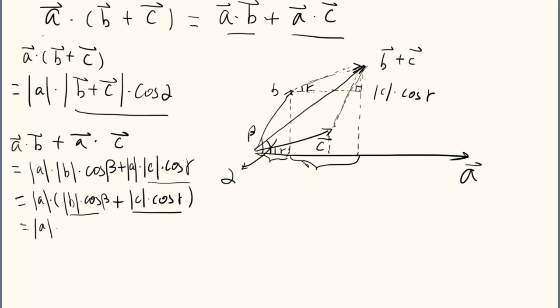These two added together is this: the component of vector B and vector C along vector A. So they are the same.